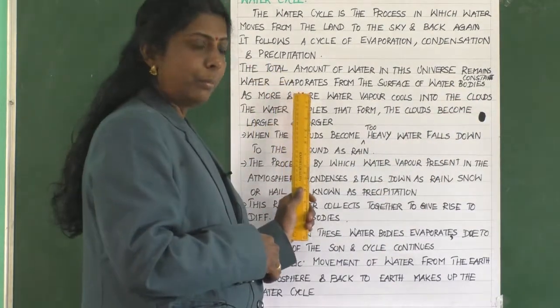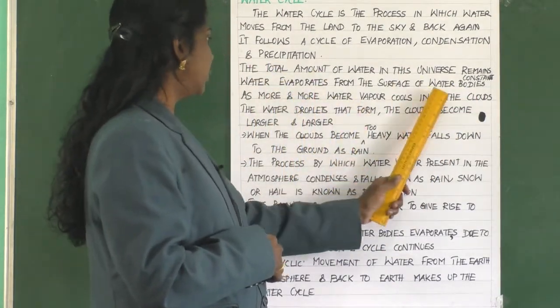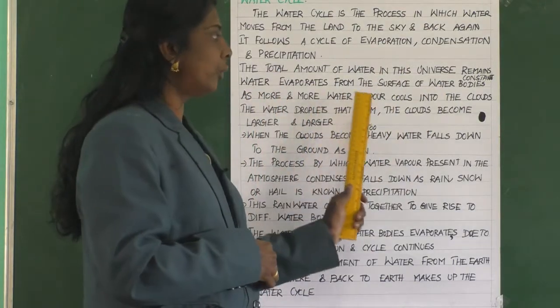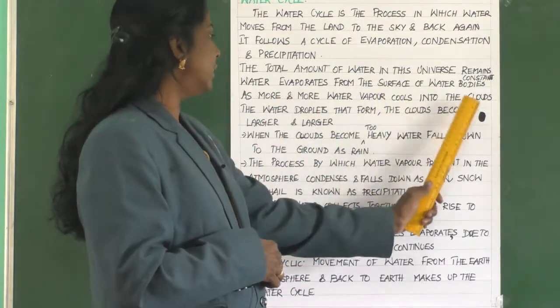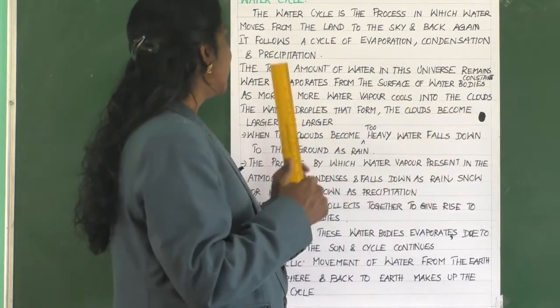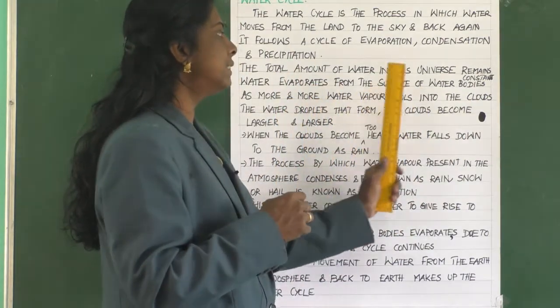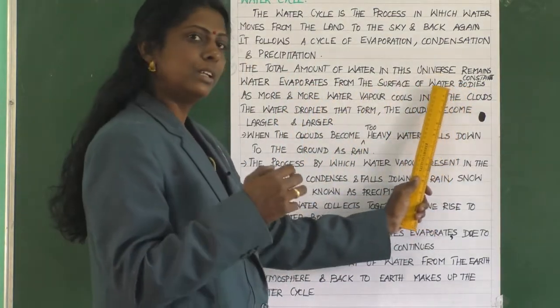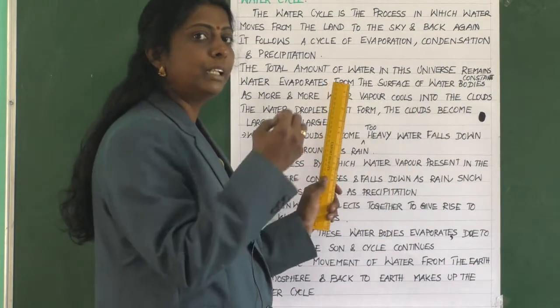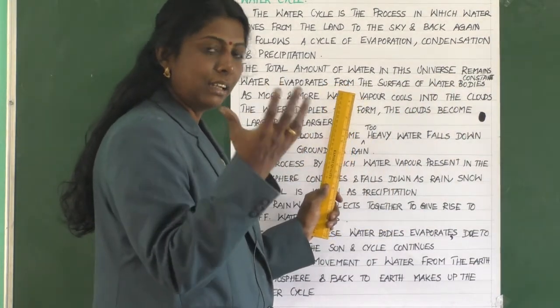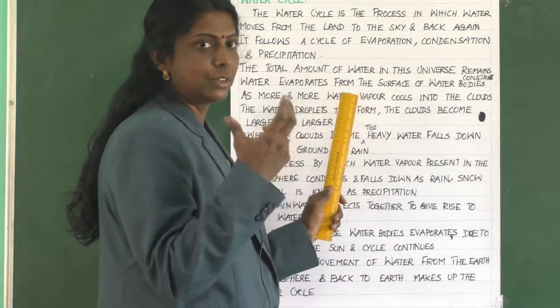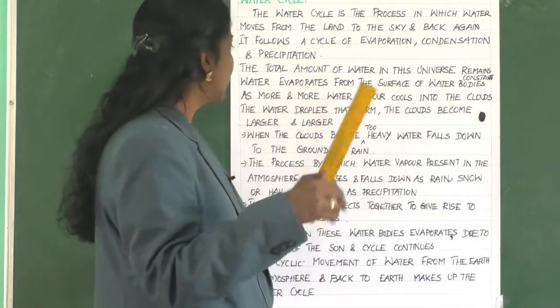Water evaporates from the surface of water bodies as more and more water vapor cools into the clouds. So first what happens? Water evaporates from the surface of water bodies. So water is getting evaporated from water bodies like rivers, lakes, so many things are there. Is it not? Yes.